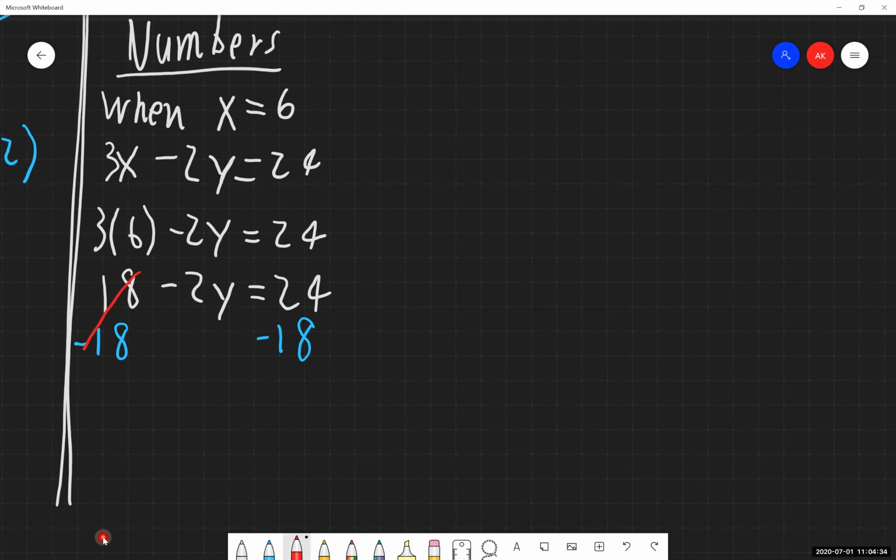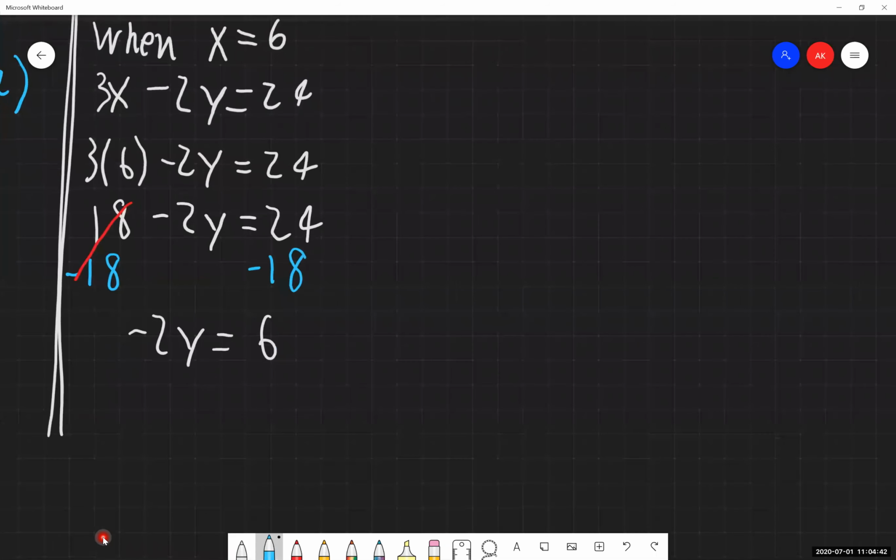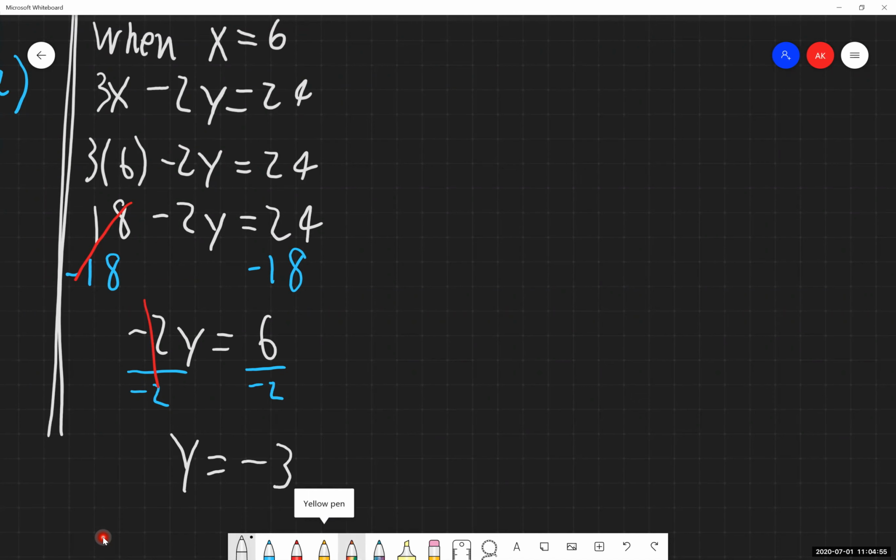This cancels over here. And then I do not want negative 2y, I want just y. So divide both sides by negative 2. Negative 2's cancel. And I get y is equal to negative 3. Positive divided by a negative is going to give me a negative answer.